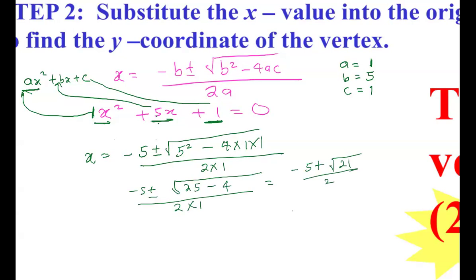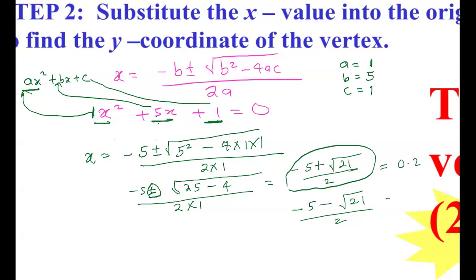Then minus 5 minus root 21, over 2. Because it's plus or minus, you do the plus first, then the minus. That's it. So these are the answers for that. You can put this in a calculator. That gives you minus 0.2 for this one, and minus 4.8 for this one. Those are the answers.